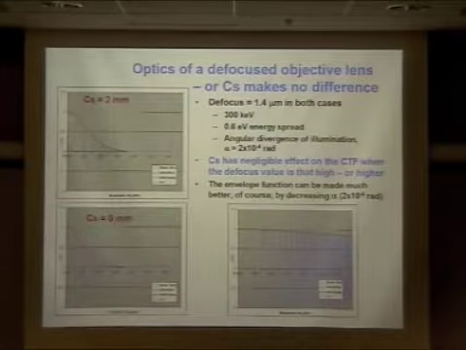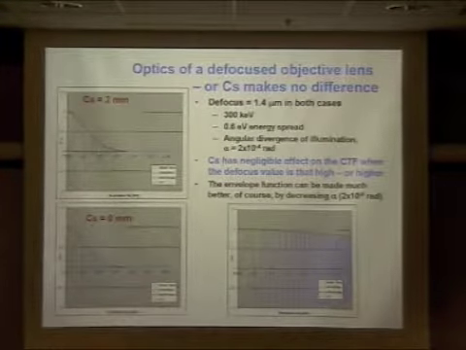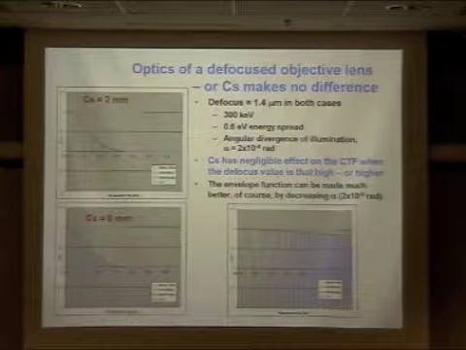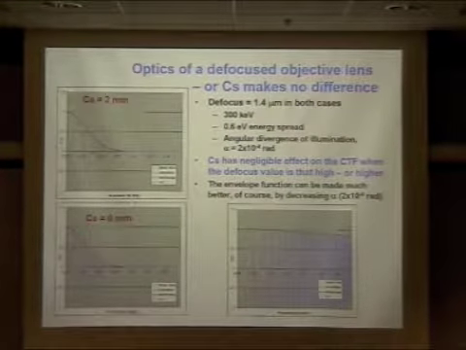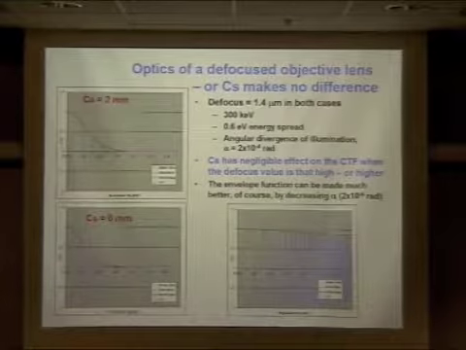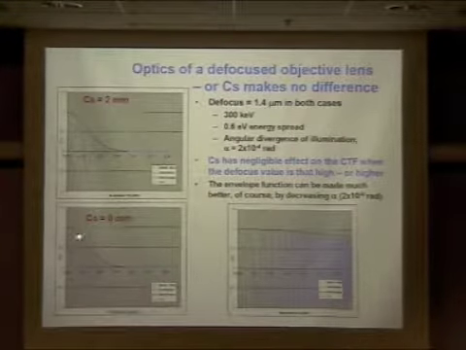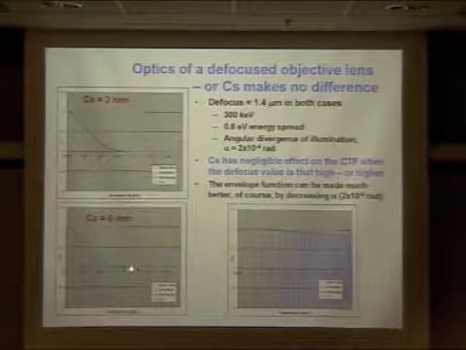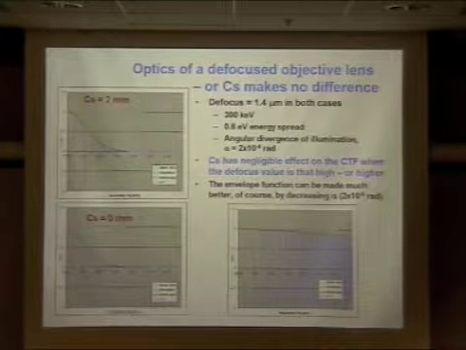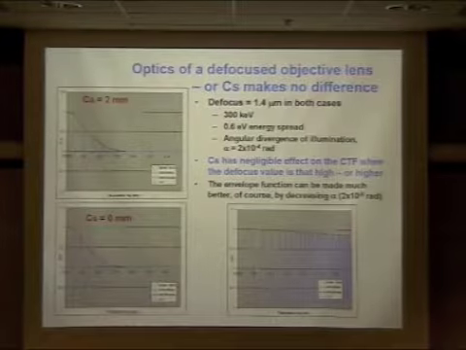But you're not talking about CS anymore. What I want to take the opportunity to point out is that you can overcome this horrible envelope by making your beam more parallel. Essentially, make the spot size smaller.